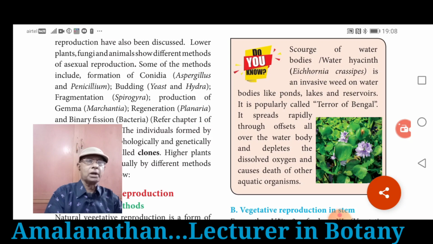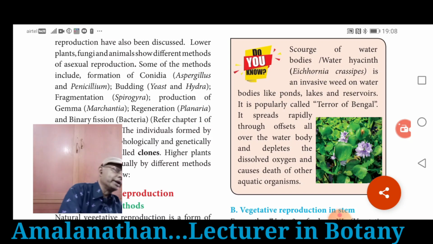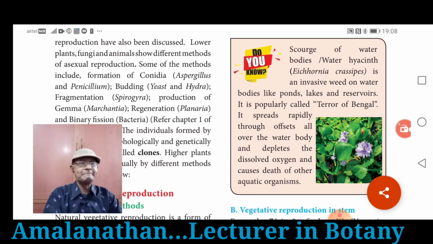Asexual reproduction also takes place in higher plants. There are two methods of asexual reproduction in higher plants: one is the natural method and the other is the artificial method. Natural methods: vegetative reproduction.